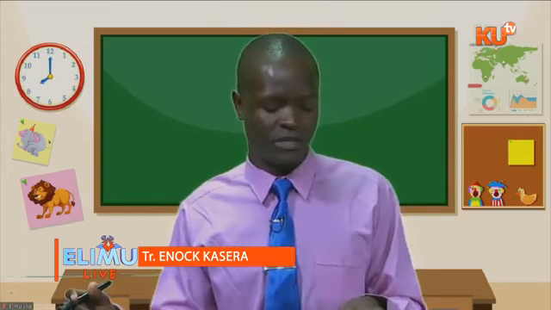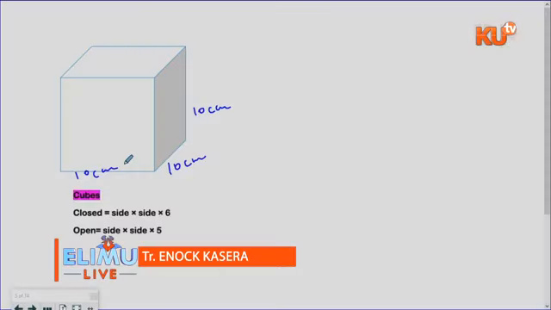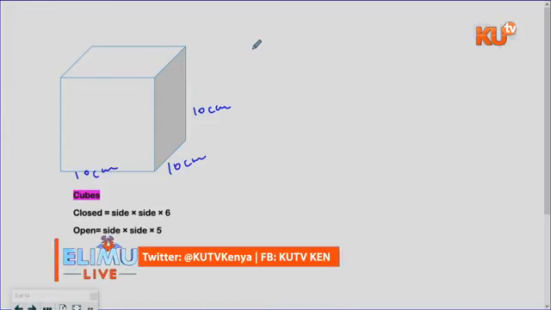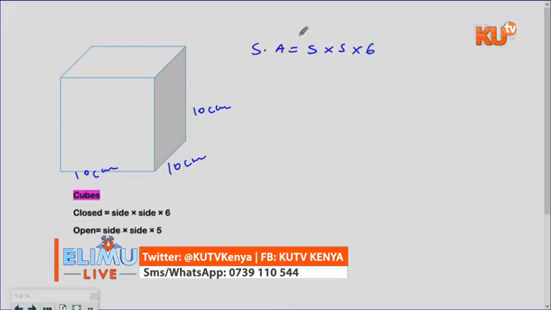So let's do one example here for you to be able to understand it well. Okay, so I've used 10 here. So closed, we're starting with closed. So all I've said is there are 6 faces, and I've said each face is a square. So to find the surface area, we say side times side, then times 6. This is closed.